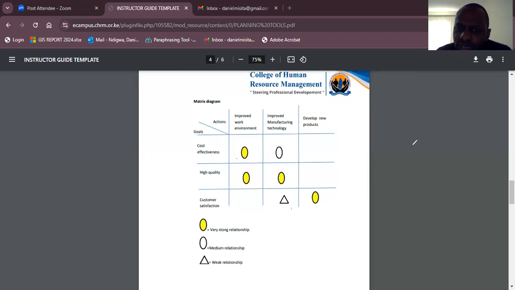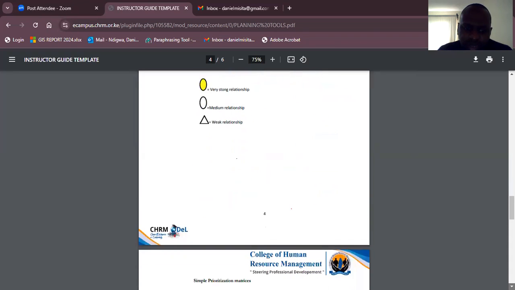So basically, it gives some level of relationship between two different types of actions or activities that you need to take. So that once you create that relationship, it becomes easier for you as a manager to understand the impact based on the various relationships that the diagram is going to give.